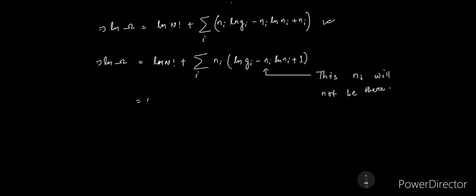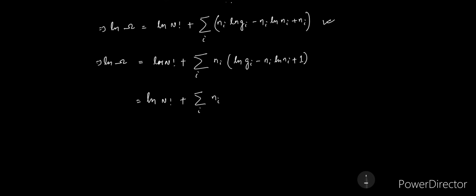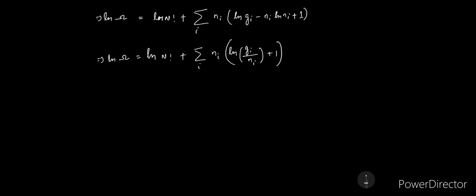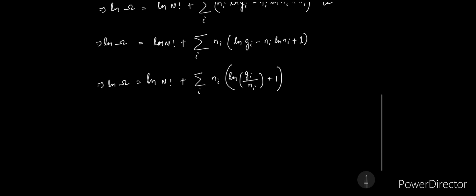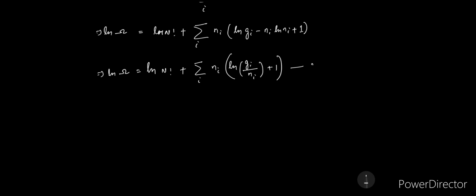Now that is equal to ln n factorial plus summation of i, here ni ln gi by ni plus 1. This is the value of ln omega. Let's put this as equation 3.